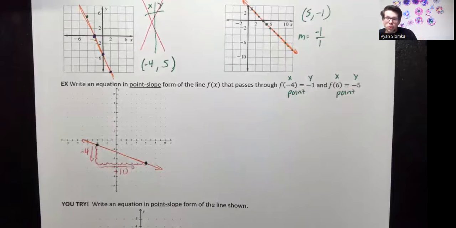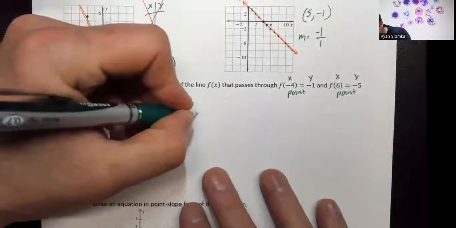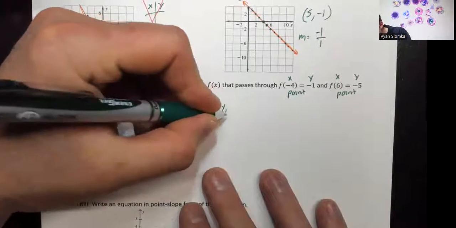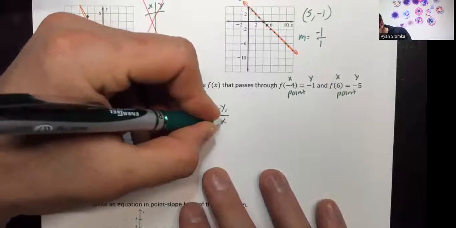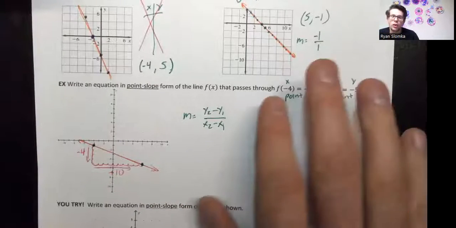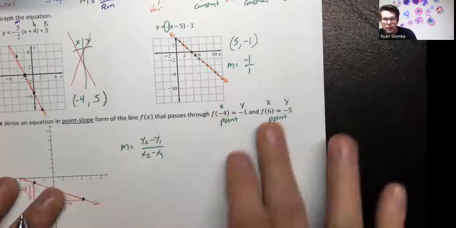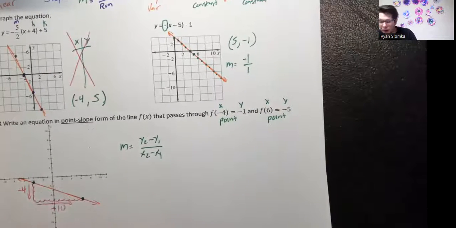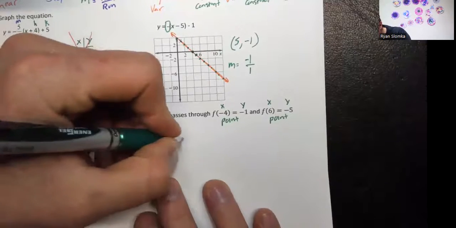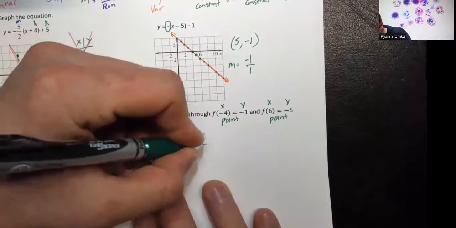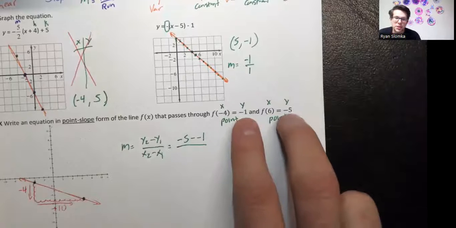You can also get your slope by calculating it because we have a formula for slope, which is y2 minus y1 over x2 minus x1, and it looks like that. All of the y and x values that we need are right over here, and so you can just pull them from the information. You don't even need the graph if you don't want it. So that could be -5 minus a -1 for our y values. Those are both of the numbers at the back.